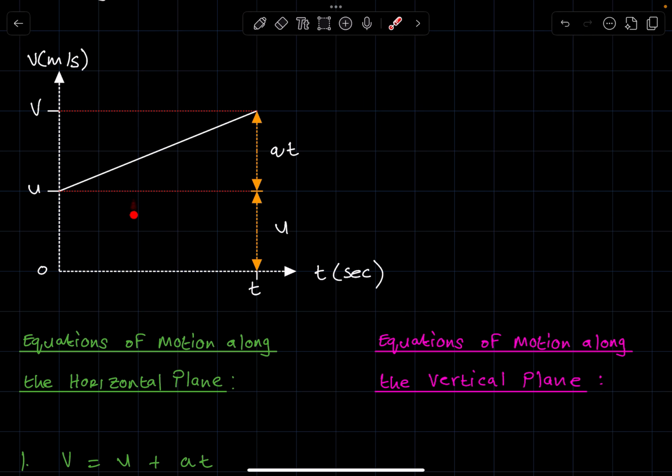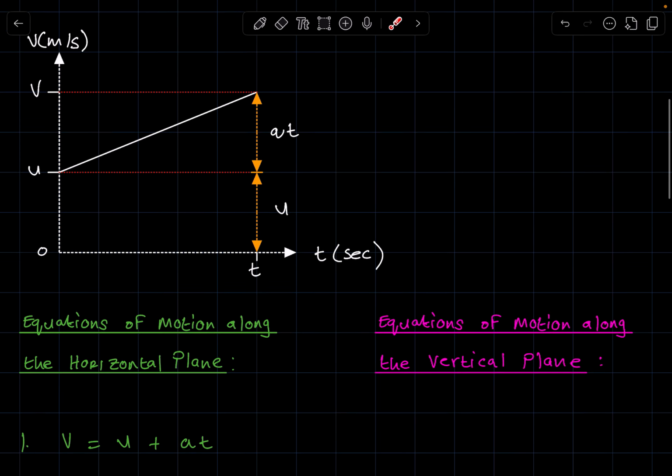If you look at it in terms of the area under the graph, there are two ways in which you can calculate it. The first one we are going to look at is by separating the two sections. There's section 1 and there's the second section.